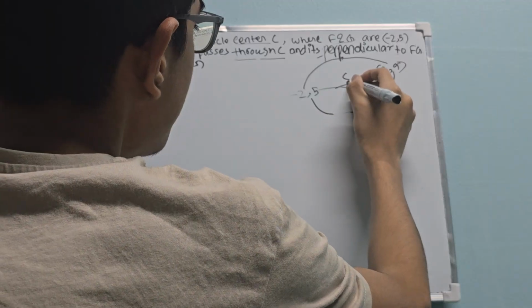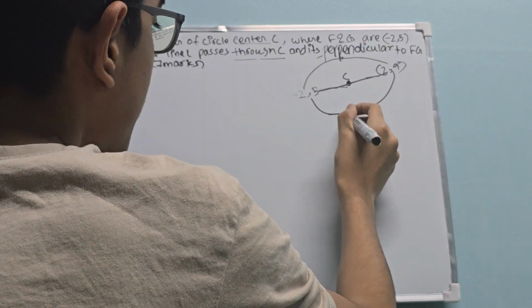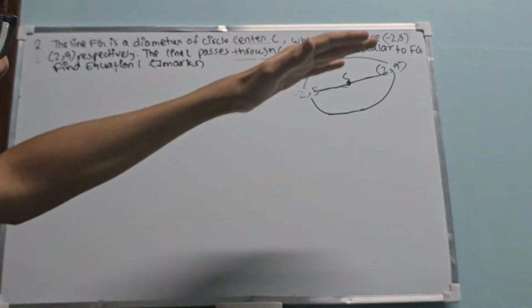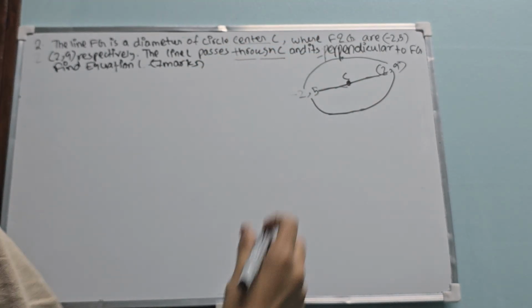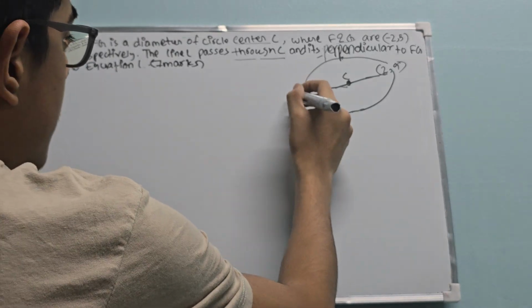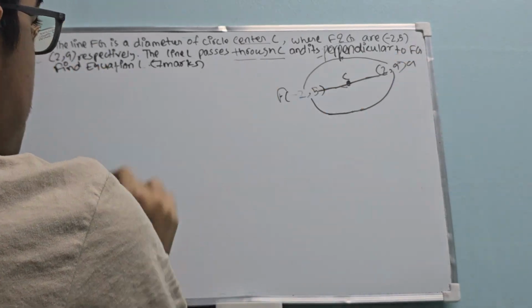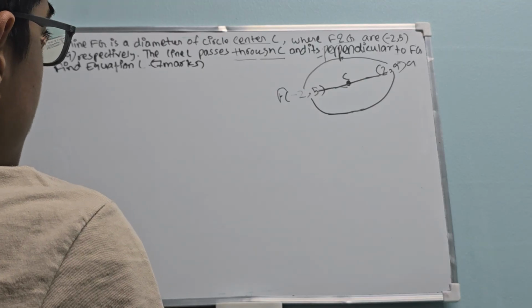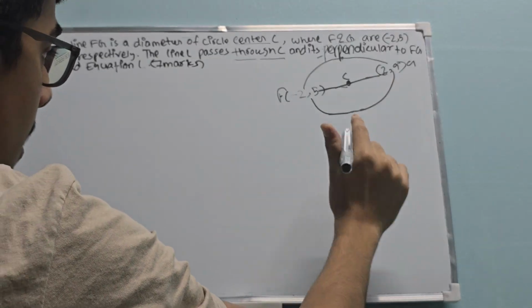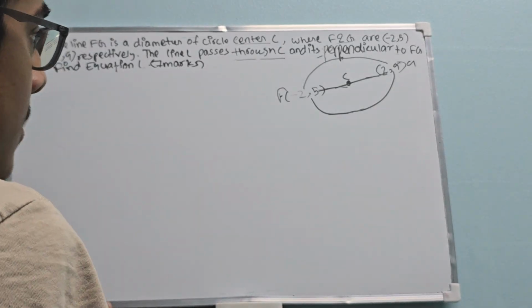Whenever there's a diameter, it passes through the center. If you see a circle and we draw the diameter, it passes through the center. You should know that. Now this F and G are the diameter, and the line L passes through C. We don't know how, and it is perpendicular.